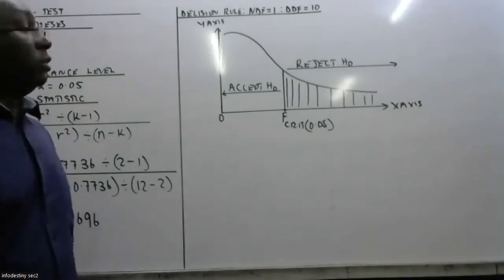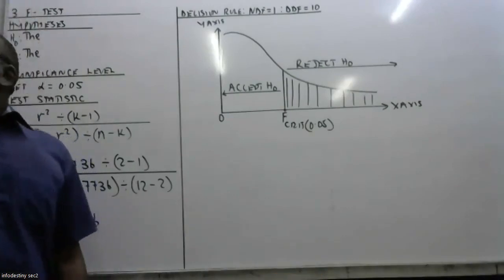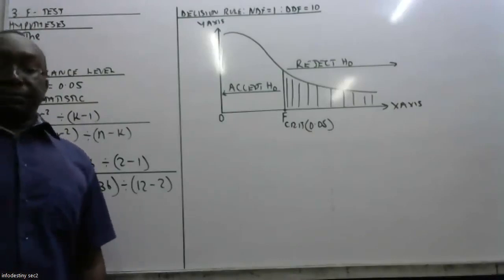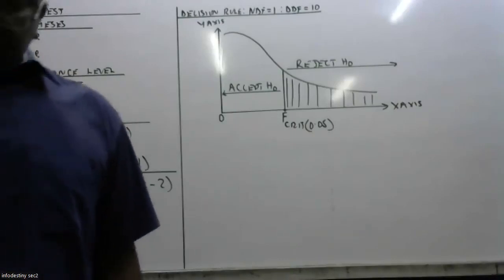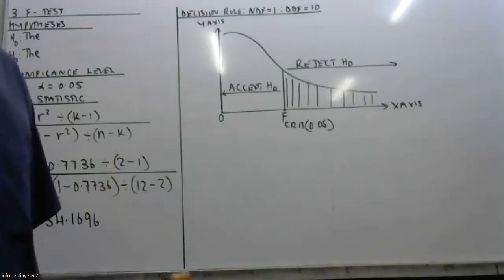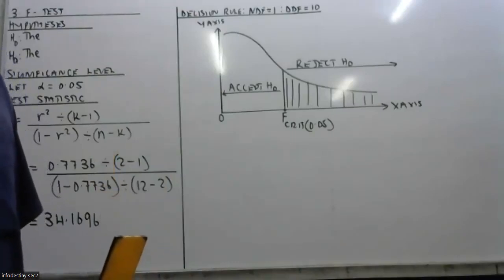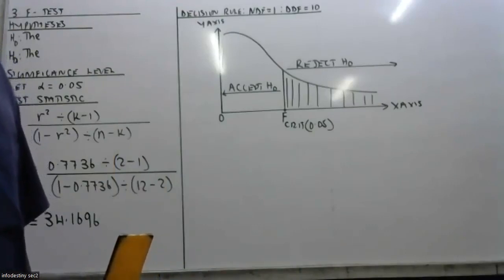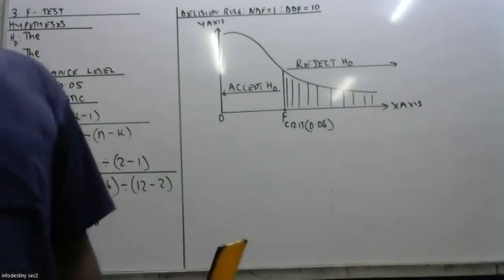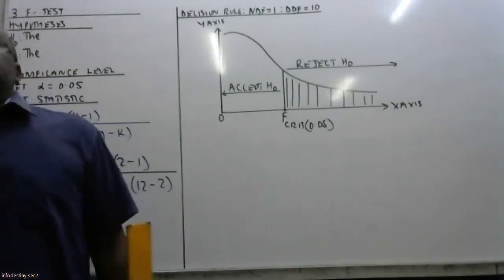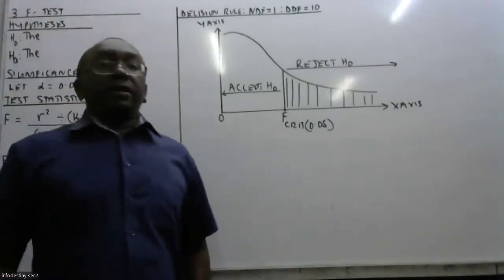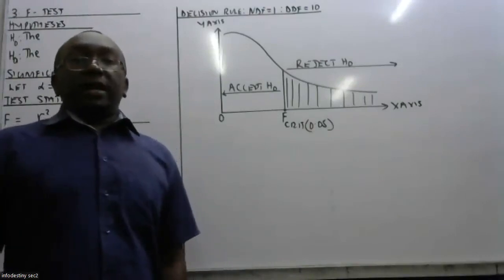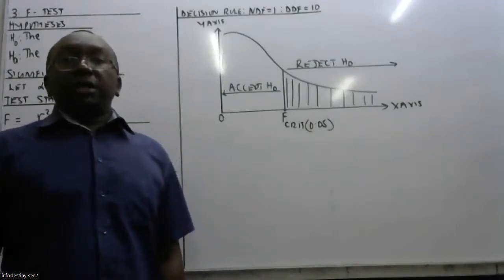So what to do, get your tables there. At the end, you look for the F tables. When you get there, you can see where there is numerator degrees. Those are the columns.